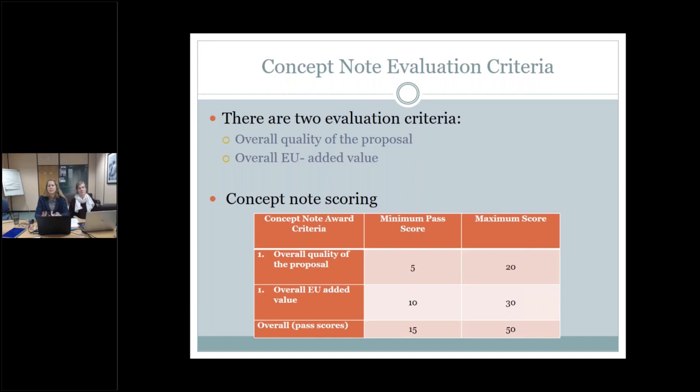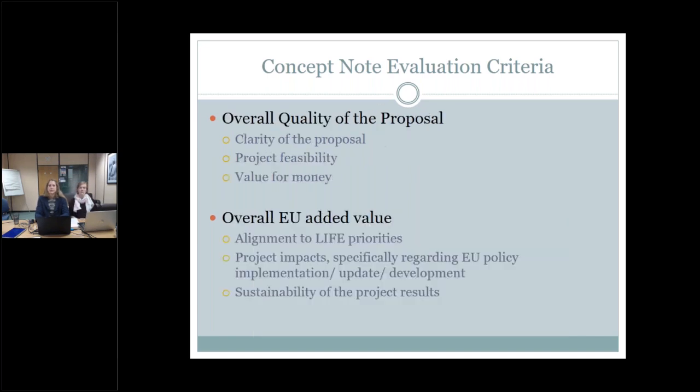You can receive a maximum of 50 points, and you need to gain at least 15 to make it over the threshold. The minimum pass score threshold varies between years depending on how many projects are on the short list.